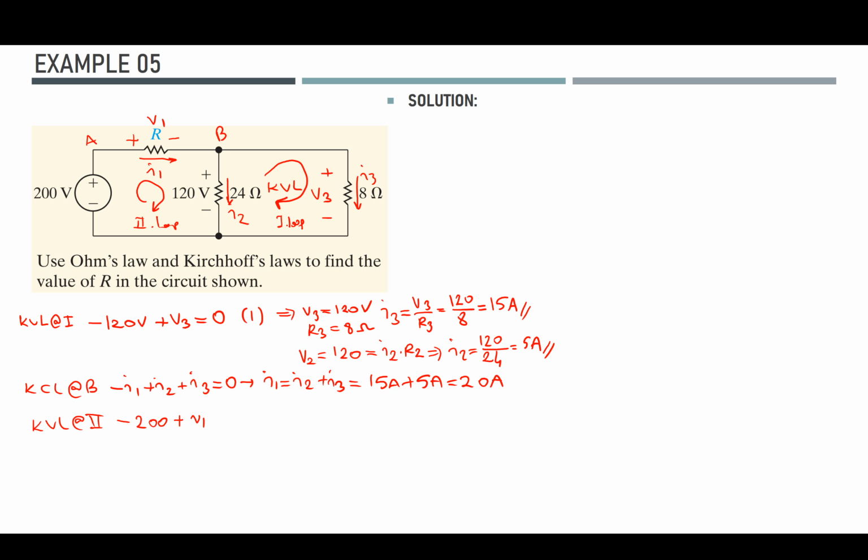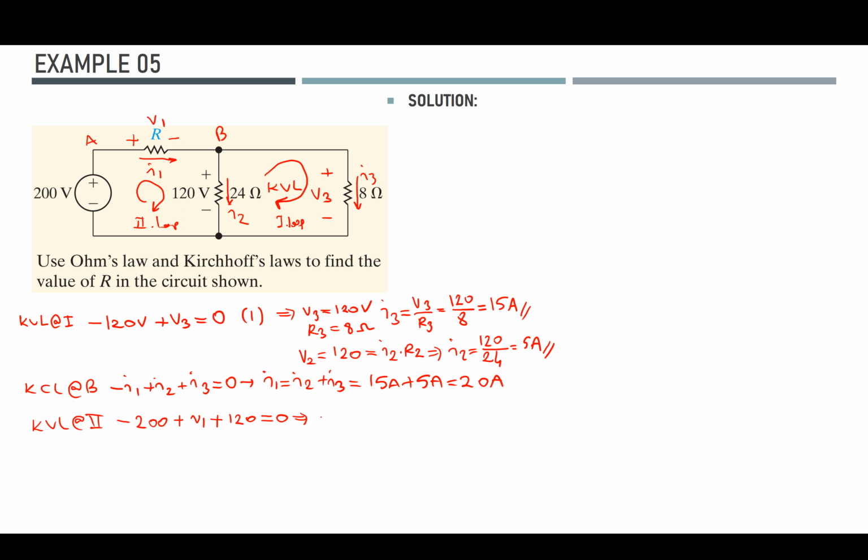Since I also rotate in the same direction as R2, I know its voltage value, so I can directly write it down as 120 volts, and I complete my loop. I start from here and I end up here, so this should be equal to 0.